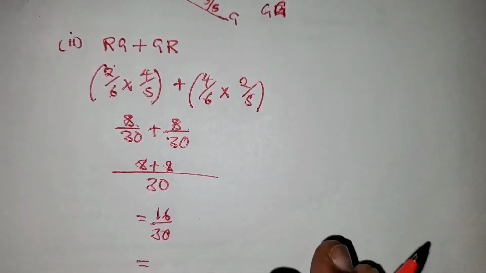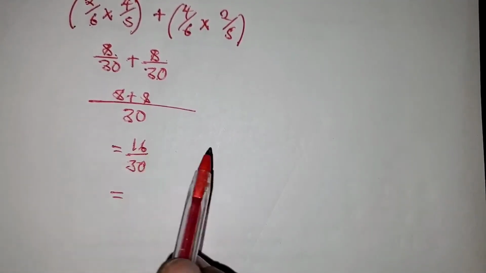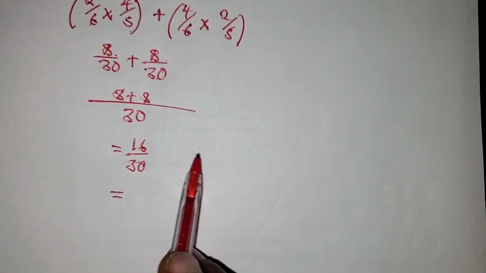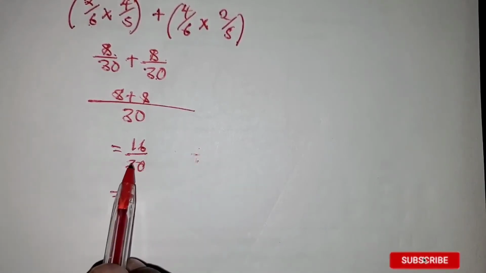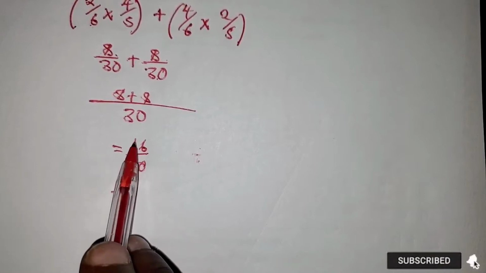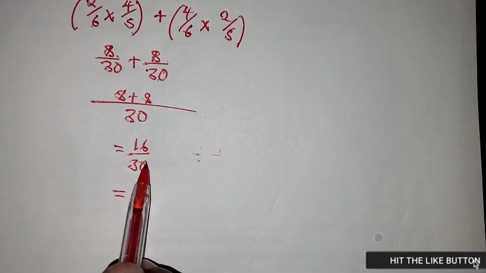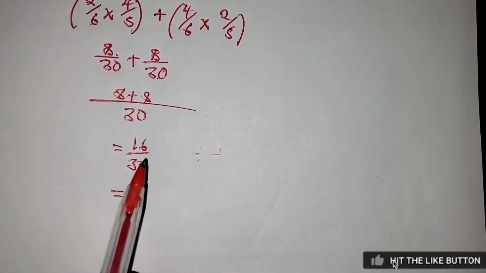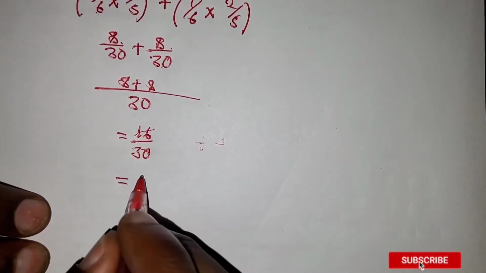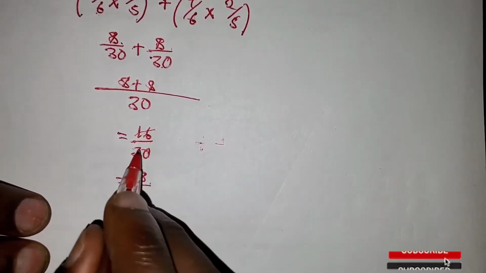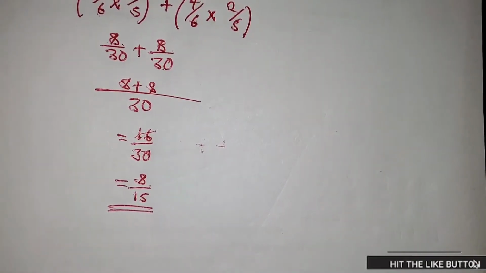Your calculator can reduce this: punch 16, the fraction symbol on the calculator, 30, then press equal. Don't use division, because it will give you decimals. It reduces to its simplest form: 2 into 16 is 8, 2 into 30 is 15. So it is 8 over 15.